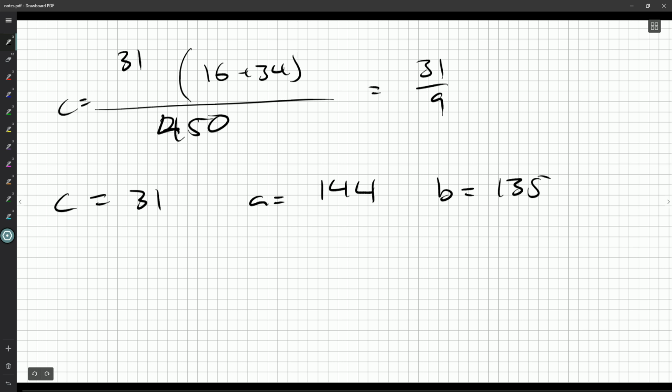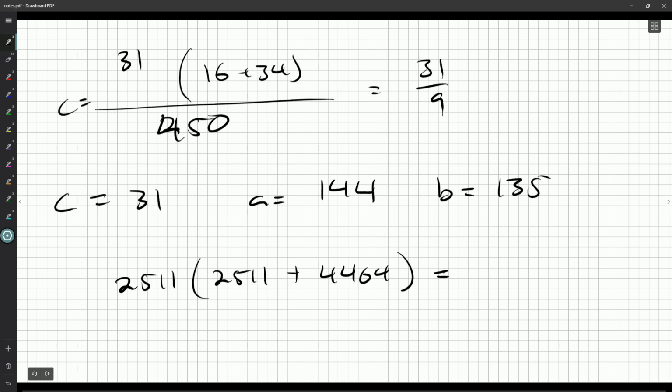Let's see. Okay, so hopefully for the last time, 144 squared minus 135 squared, 2511, 2511, plus 144 times 31, 4464.